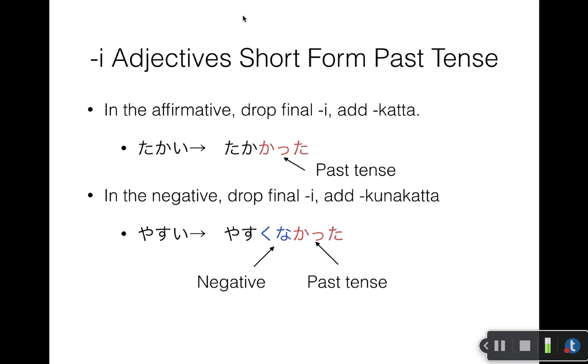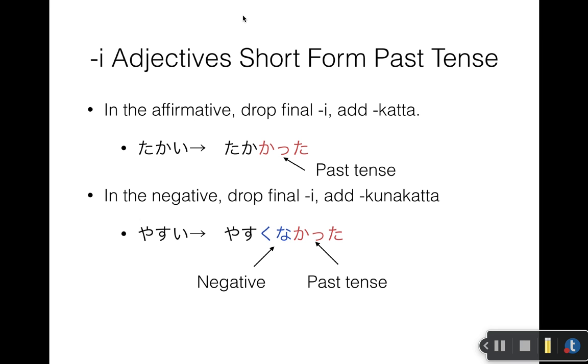It's kind of the same as the present tense, you just drop the desu. If you want to unpack it a little bit more, in the affirmative, drop that final i and add katta. So takai becomes takakatta, and the katta signifies tense. No desu, because desu is a formality marker in this type of phrase.